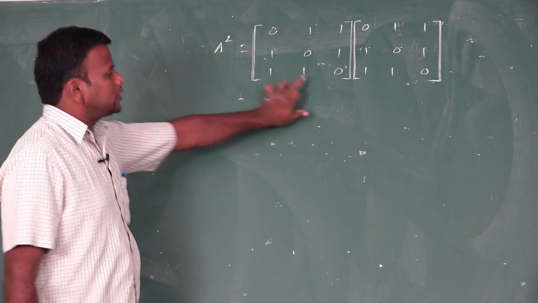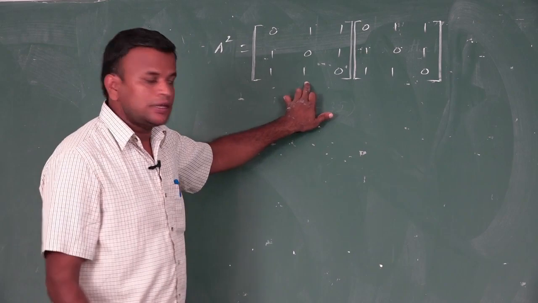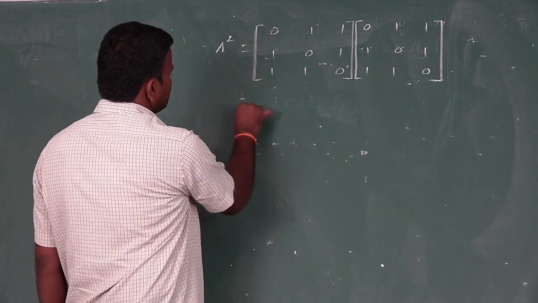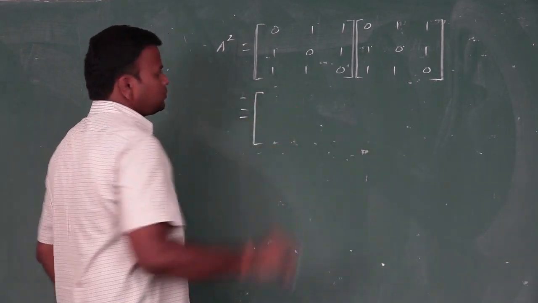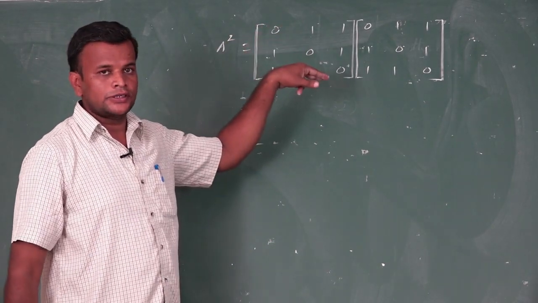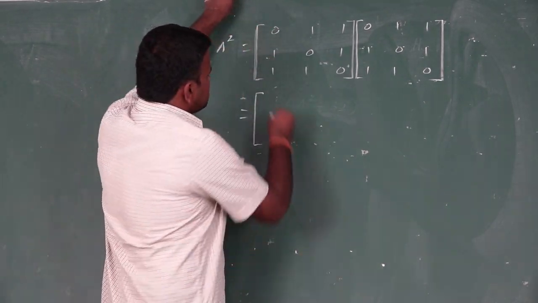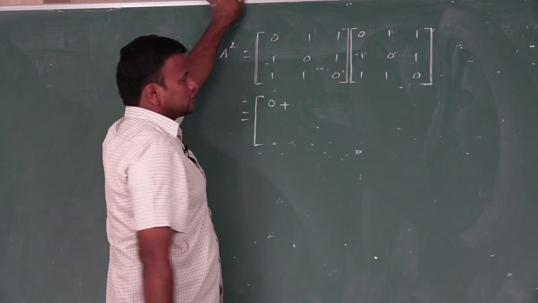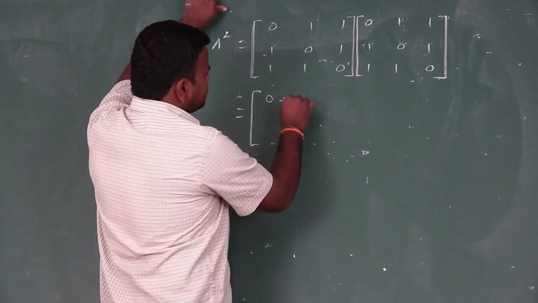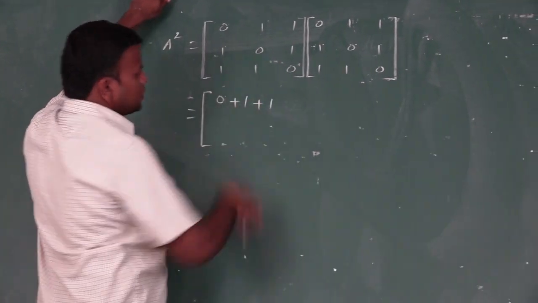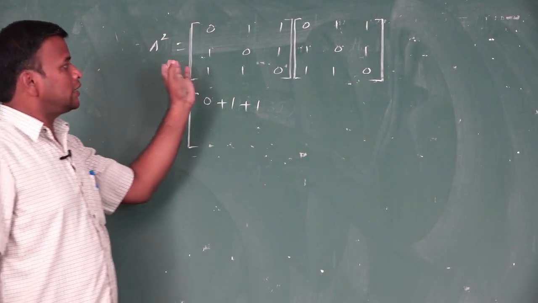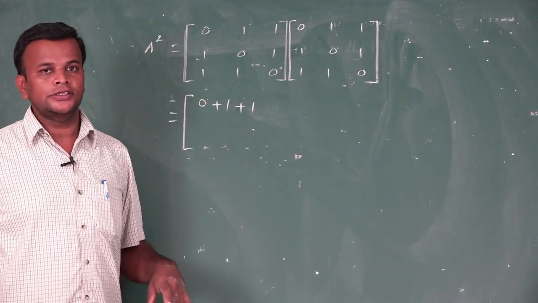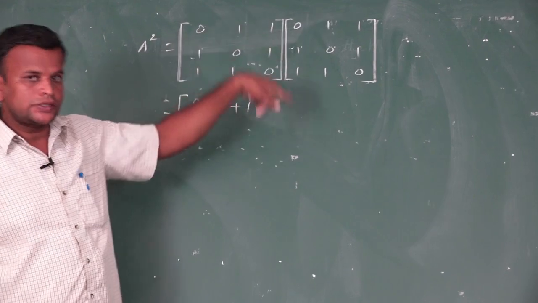So A square, A is a given matrix. Again A is also the given matrix. Now we multiply these two matrices, row and columns. 0 into 0 is 0, plus 1 ones are 1, plus 1 ones are 1. I already explained in detail how to multiply a 3 by 3 matrix. First step, first row, first column.